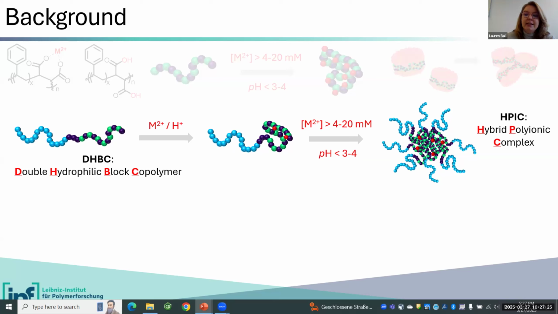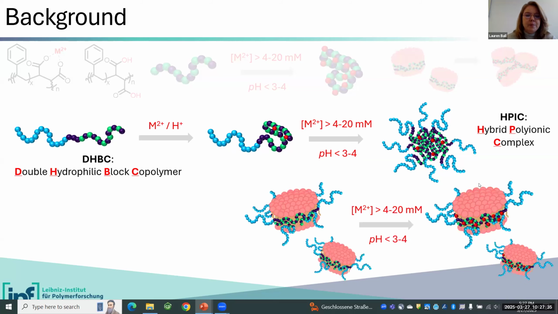And specifically in the case of the divalent cations chelating to the SMA block, the aggregation of those block copolymers then results in HPICs or hybrid polyionic complexes.